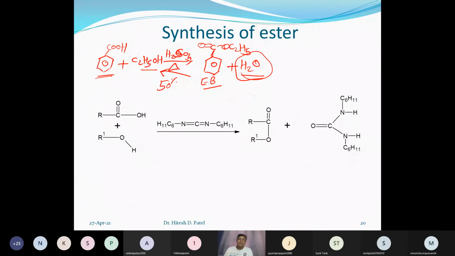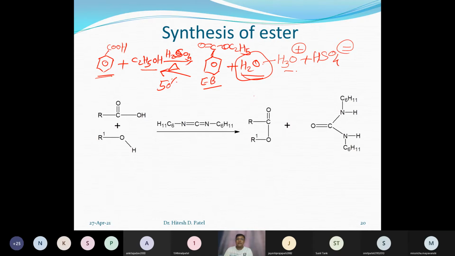So we have to modify the method in such a way that we can eliminate the water. But during the reaction, sulfuric acid is present, and sulfuric acid is highly hygroscopic in nature. It means sulfuric acid reacts with water and converts it into H3O plus HSO4 minus.